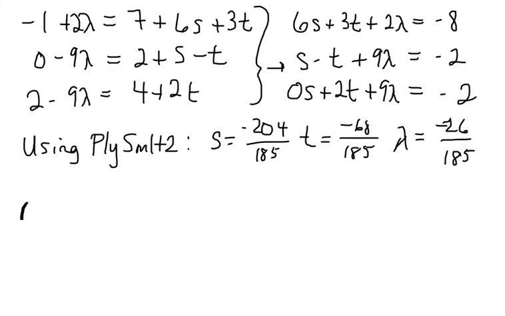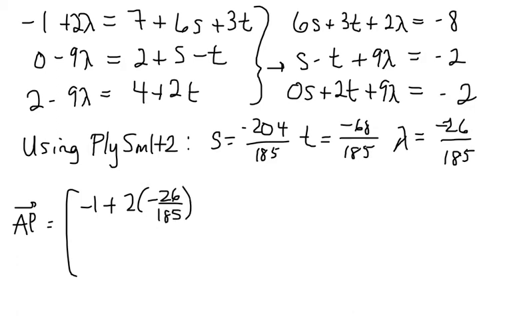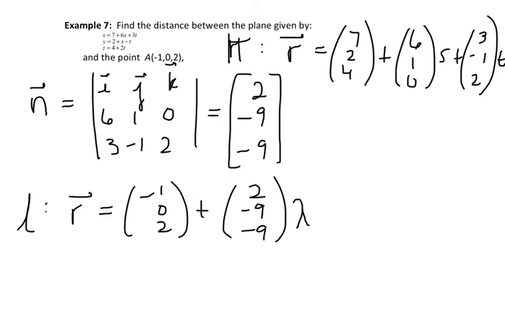So first of all, finding AP, well, that's going to be plugging in my lambda, negative 1 plus 2 lambda, and then subtracting my A value. So my A is negative 1, 0, 2.